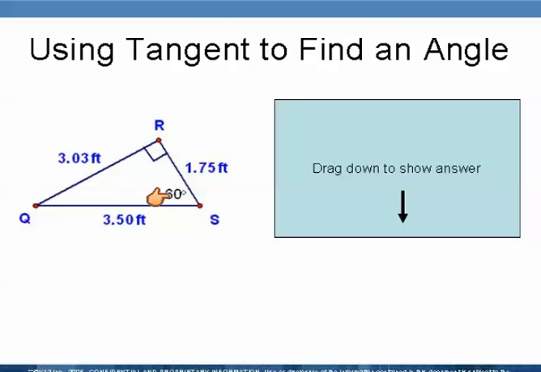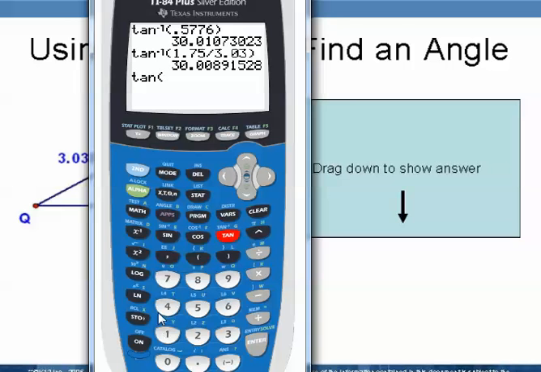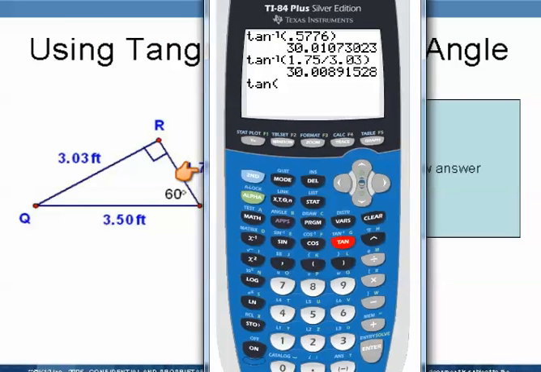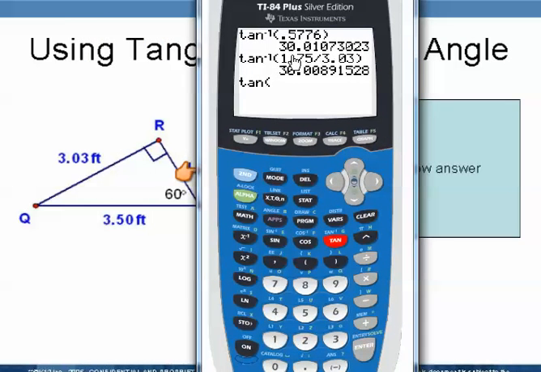Okay? So if I'm looking at this 60-degree angle right here, I could say 3.03 divided by 1.75. I'm going to go back to my calculator here just to show you that I can do this. If I'm wanting to find and verify that angle, clear everything out.